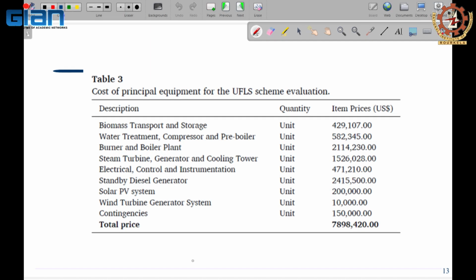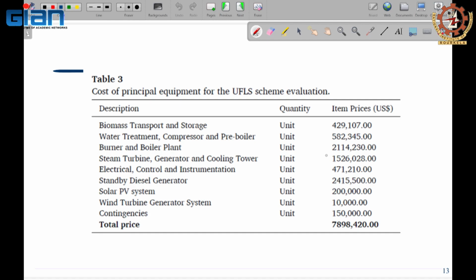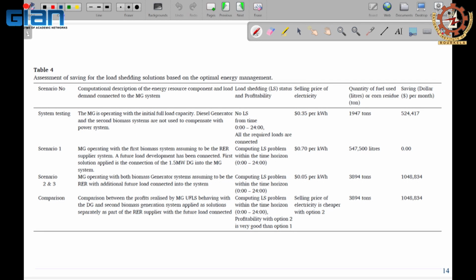Okay, so for this, the biomass plant, all these costs are calculated for this biomass generation system. I'm not going into the detail. Then you have the standby diesel generator cost, solar PV system cost, wind turbine generation cost, some contingency. So this way you do the cost analysis.